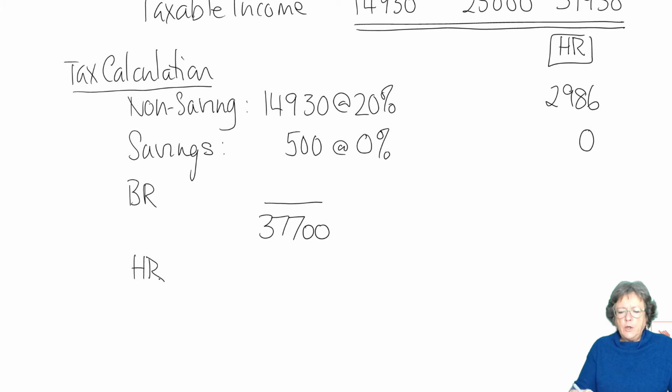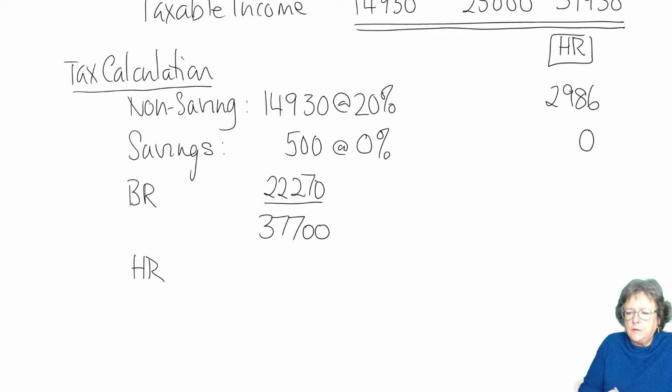Now, we have already charged 14,930 and £500 to basic rate. So we only have a balance before we hit the high rate. So £22,270 of the savings income, so we're looking at this income now, is going to be taxed at basic rate.